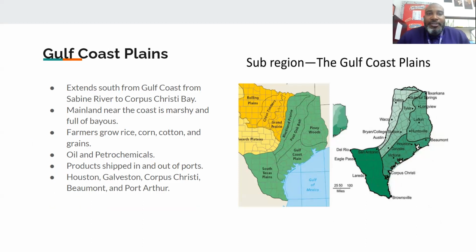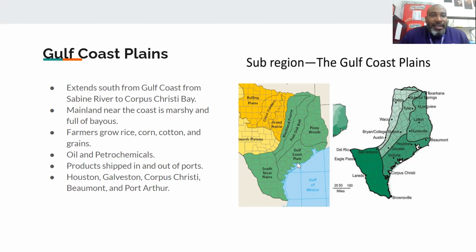Now, another subregion that you will learn about is the Gulf Coast Plains. The Gulf Coast Plains extends south from the Gulf Coast of the Sabine River to Corpus Christi Bay. For you guys that are looking, here's the Gulf Coast Plains right here.